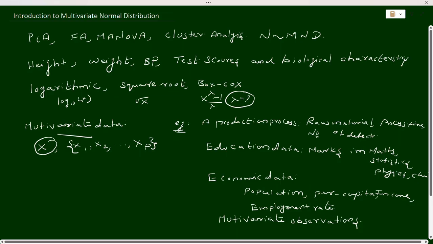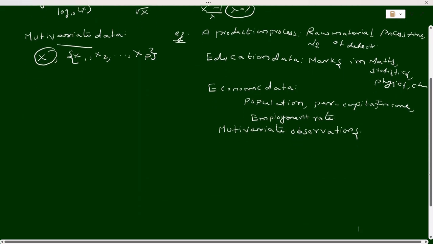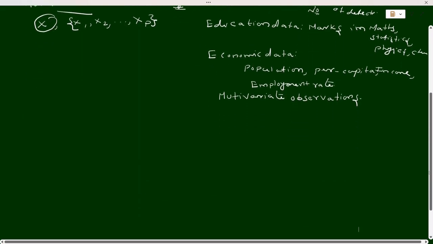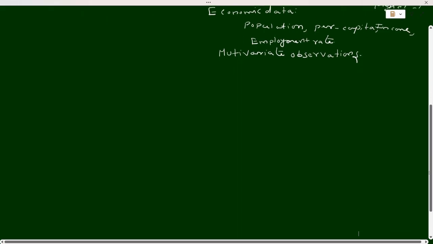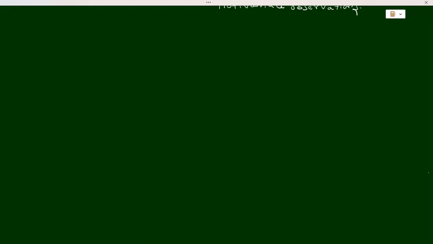So multivariate data means we collect more than one variable and work on them simultaneously, then that will be considered as a multivariate data set.